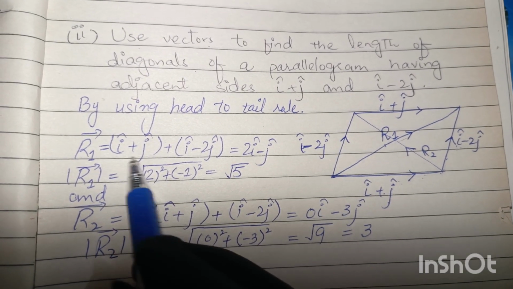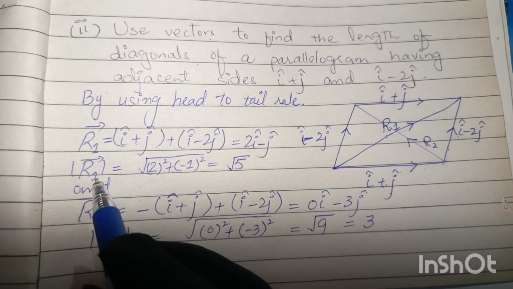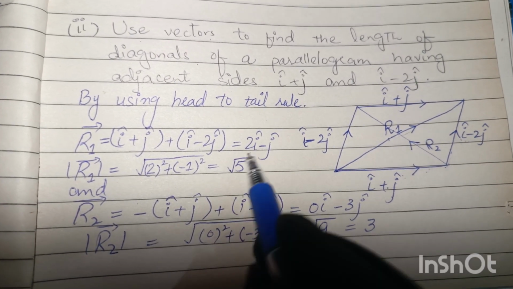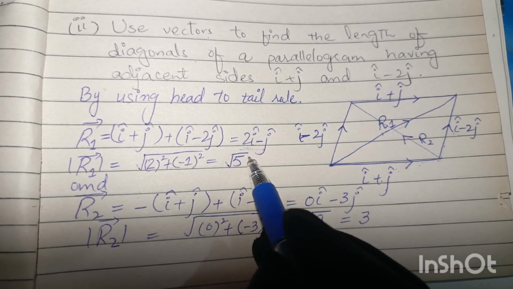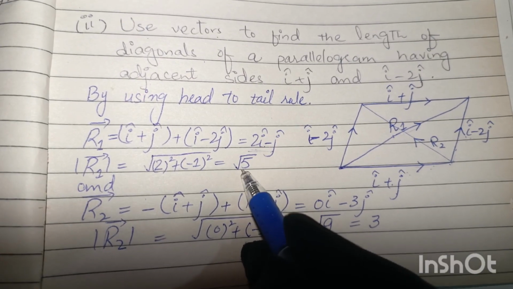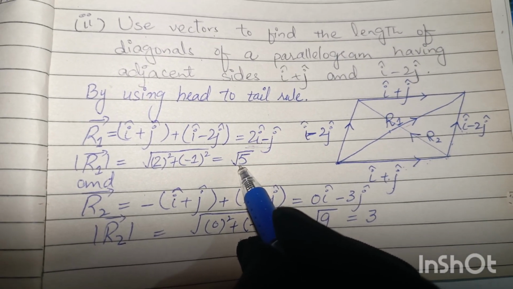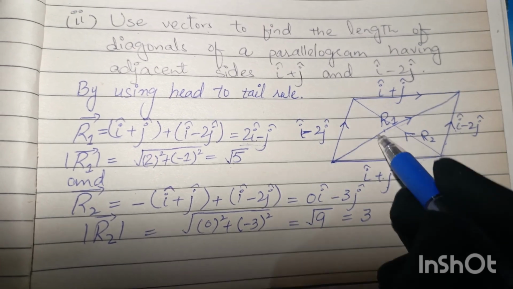So I have added, and the answer is 2i minus j. For length we have to take the magnitude, since this is a vector quantity and length is a scalar quantity. So to make the vector a scalar we take the magnitude, and the answer is square root 5. So the length of this diagonal is square root 5.